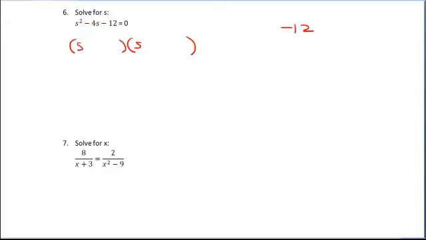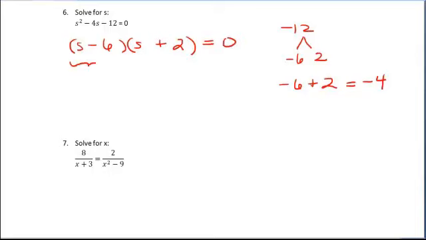So the factors of the last term that multiply to give me that term, and then when I combine them are negative 4. So let me think about this. Negative 6 times 2 gives me negative 12, and when I combine these, I get negative 4. So it would be negative 6 plus 2 equals negative 4. So I've factored this, and so now I can solve it.